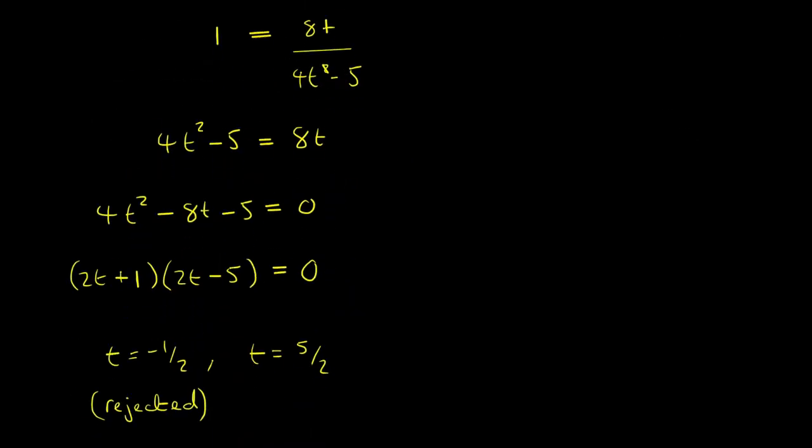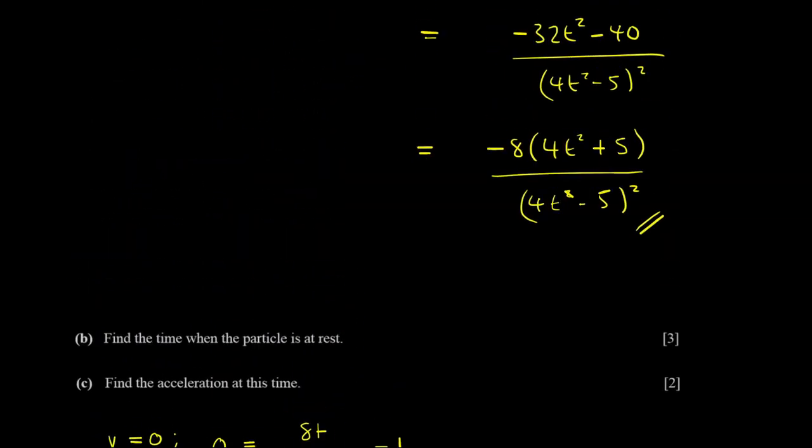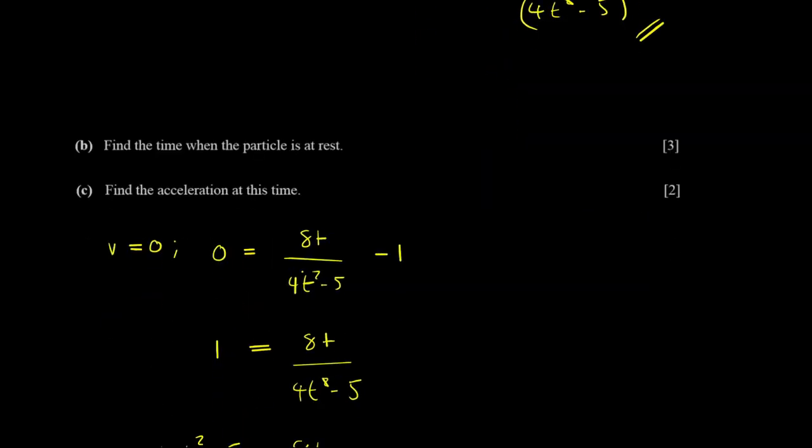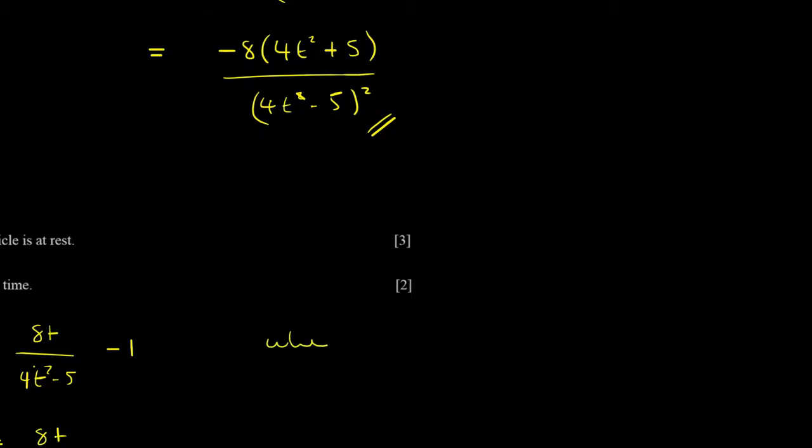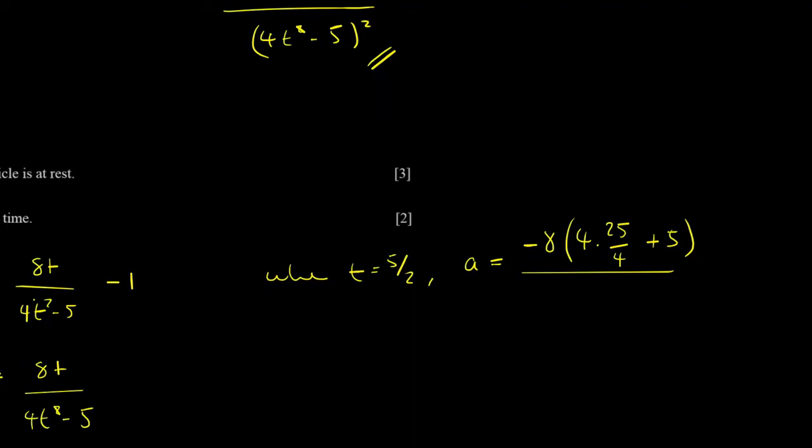Now, we want to find the acceleration at this time. So we're just going to substitute 5 upon 2 into our expression for the acceleration. So when t is equal to 5 upon 2, the acceleration is going to equal -8 times 4 times 5 upon 2 squared, which is 25 upon 4, plus 5, all divided through by 4 times 5 upon 2 squared, which again is 25 upon 4, minus 5, and then all squared.